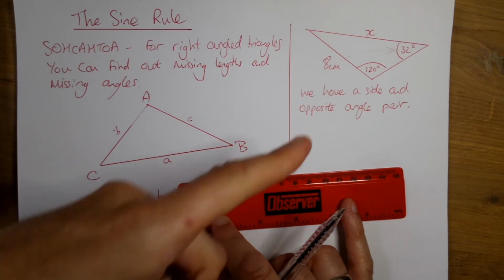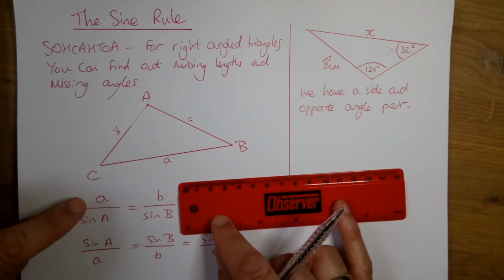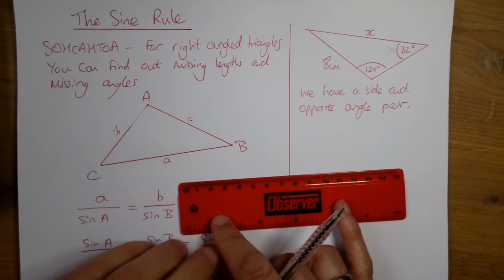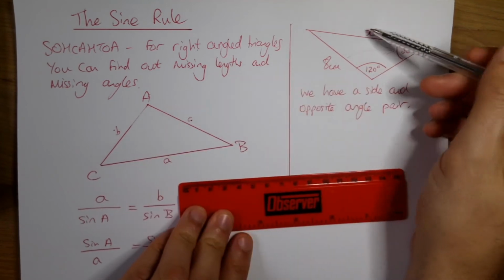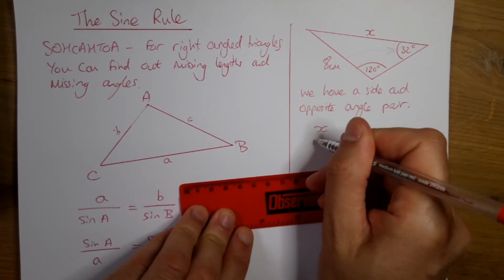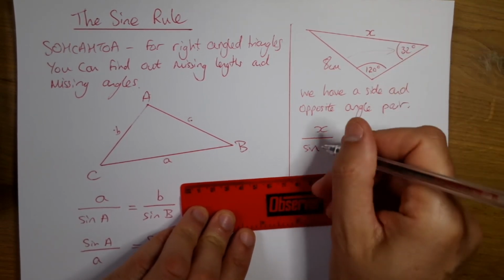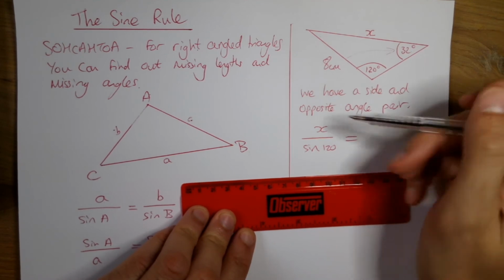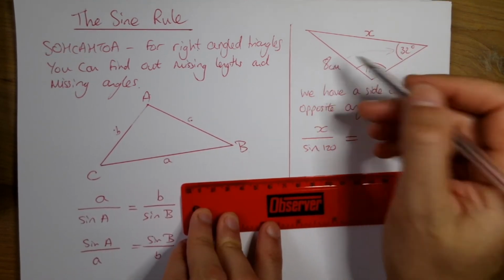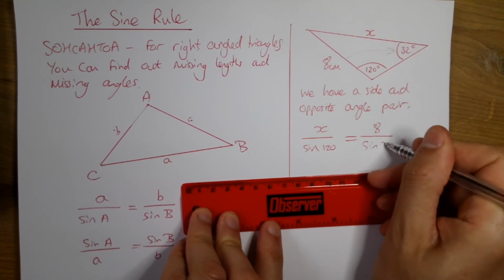Now these sides aren't labelled, but I don't really need them labelled if I remember that it's side and opposite angle. So I'm going to think of a as x. We're going to have x over sine of the opposite angle to x, which is 120. And that will equal 8, because that's a side, over sine of the opposite angle, which is 32.